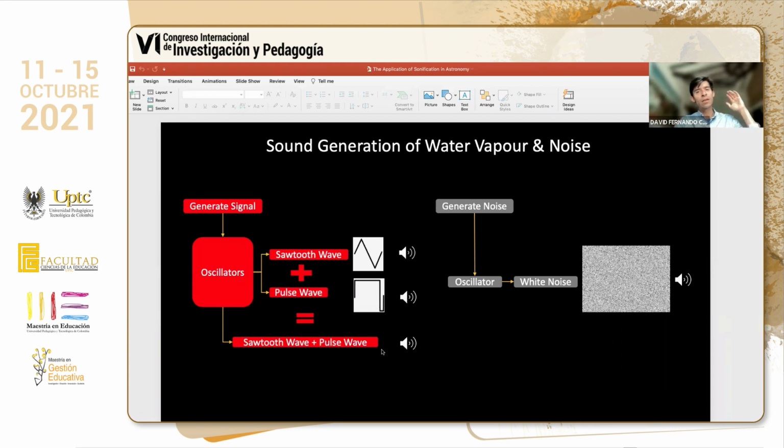So the decay is quite long, right? It slowly goes down. You could tell the harmonic data is different in this case. The sawtooth is slightly different in its harmonic characteristics compared to the pulse wave. Let's hear the third one. The third one is the sawtooth combined with the pulse wave.